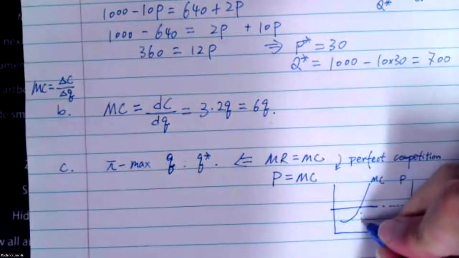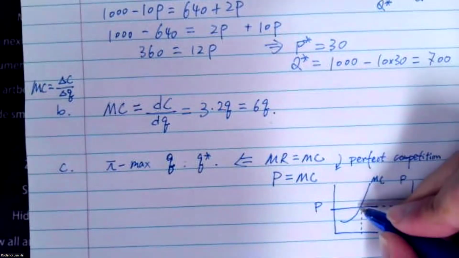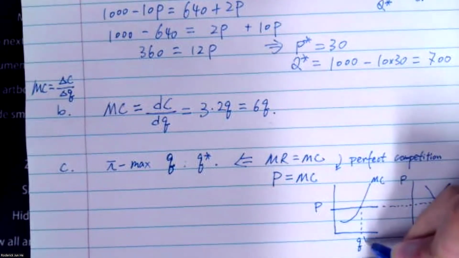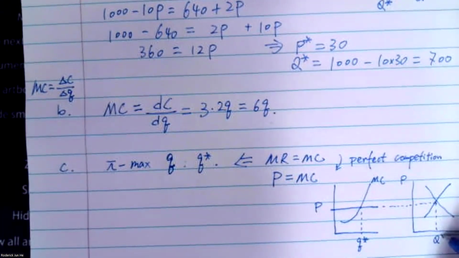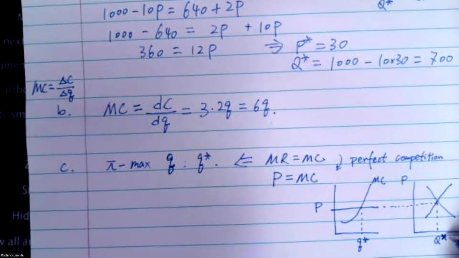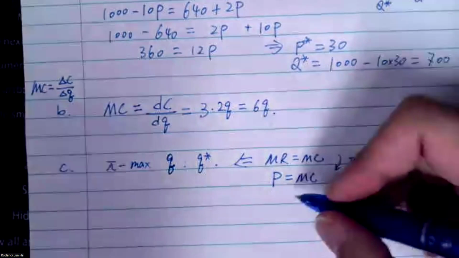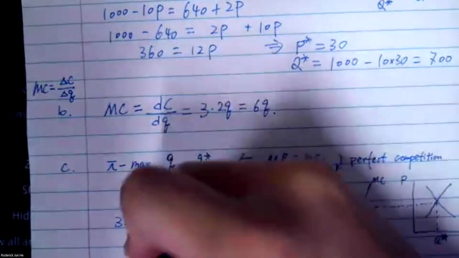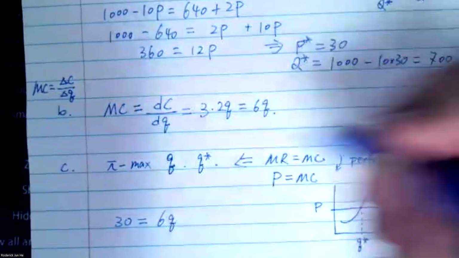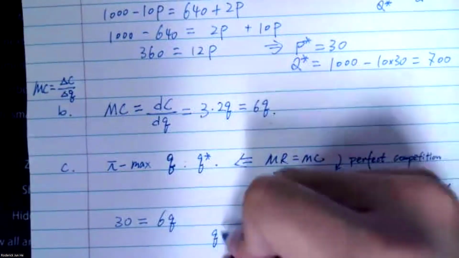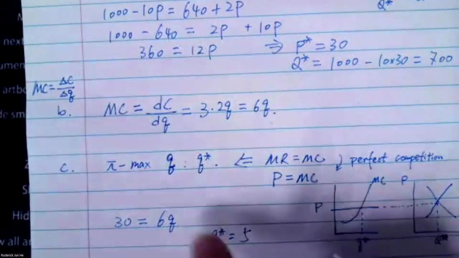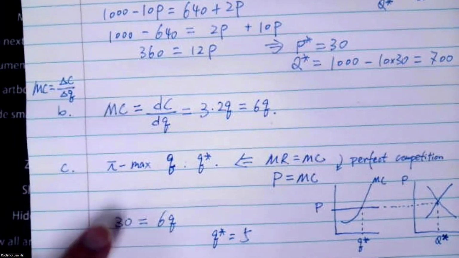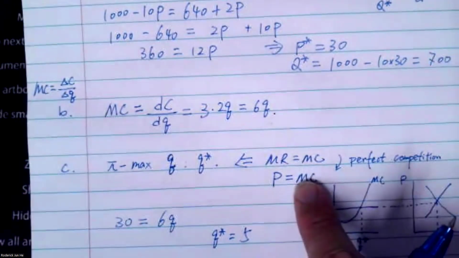Price intersecting with marginal cost, which is marginal revenue equals marginal cost, determines the profit maximizing quantity for each individual firm. In this case, P is 30 and marginal cost is 6Q. The calculation is pretty simple: q star equals 5. The thing is, you should understand when to apply this profit maximizing condition, what is the right situation for it.